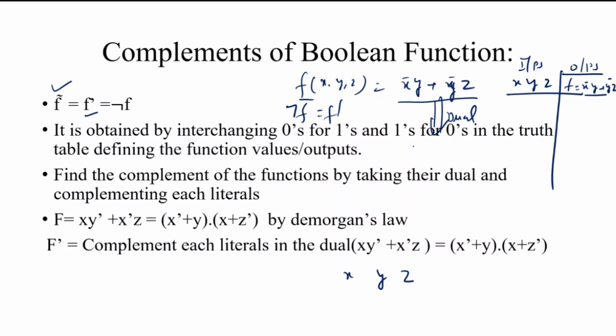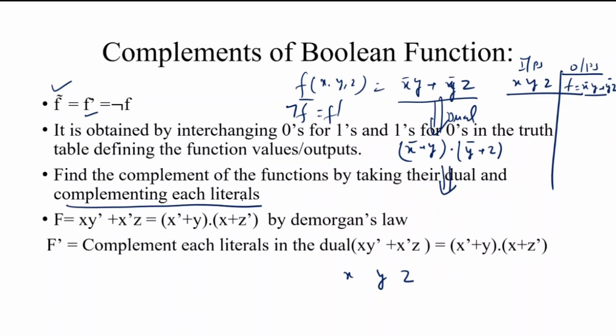First, for finding the dual, the dual of this is what? x complement plus y, and this plus is replaced by dot, and this is y complement plus z. Then for finding the complement, what we have to do here, after finding the dual, is complement each literal.